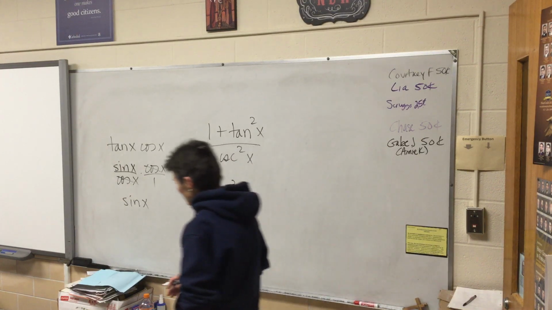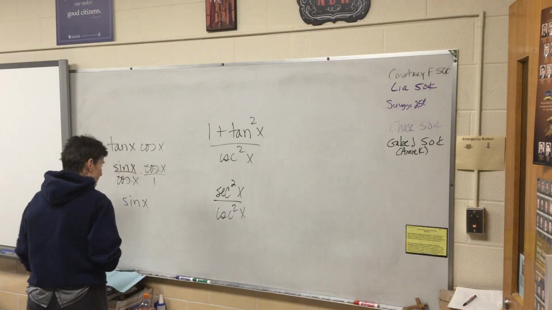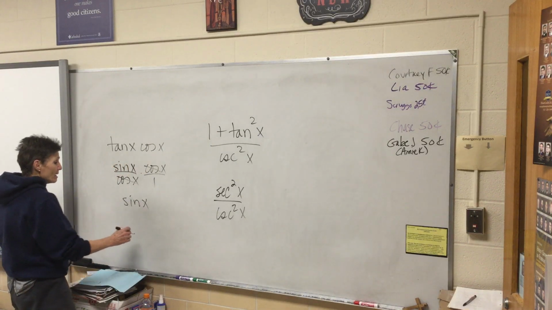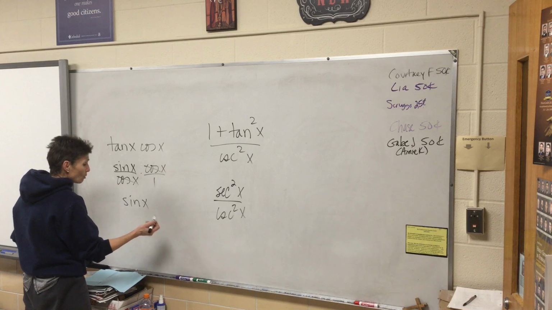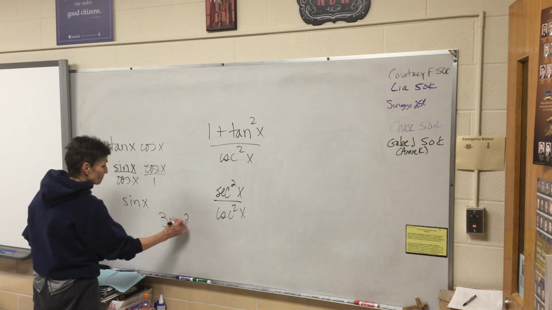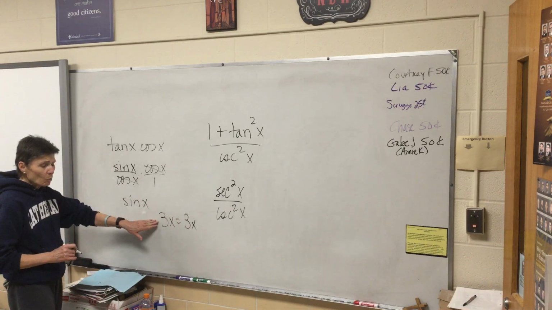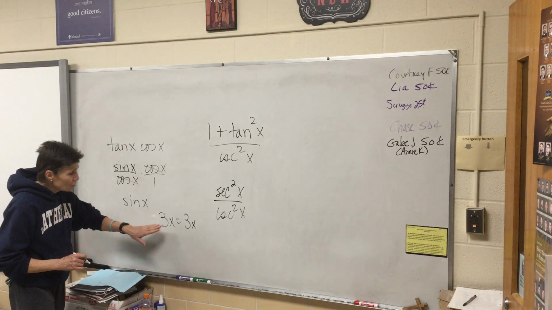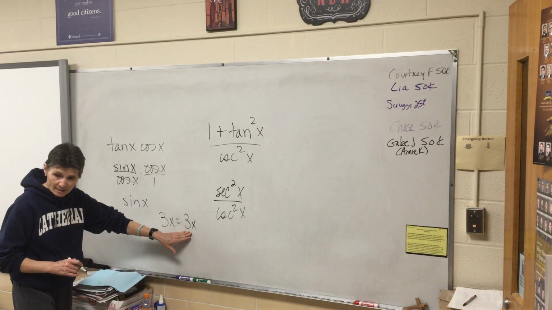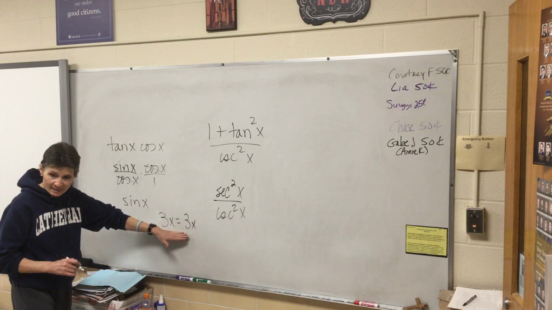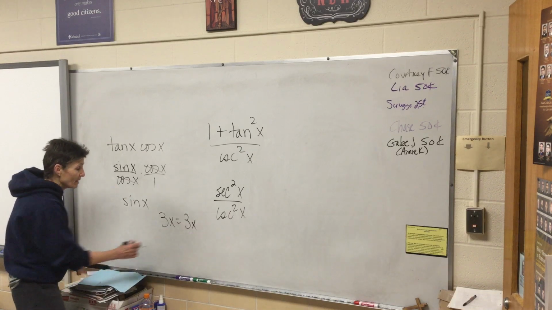By the way, when I keep calling these identities, that's what they are. We call them identities because they are equations like this. That equation is true no matter what you put in for x, right? That's called an identity. It's true all the time.